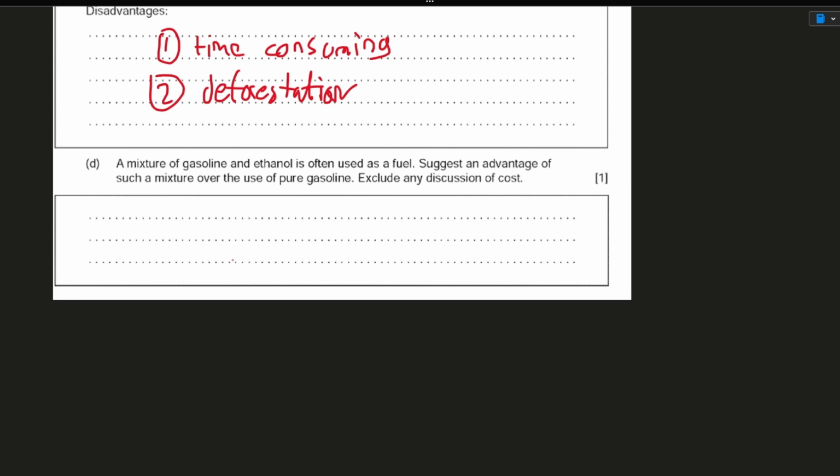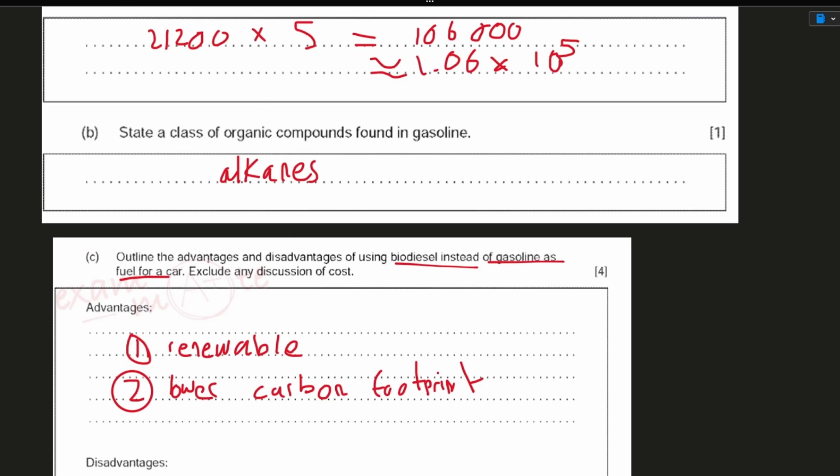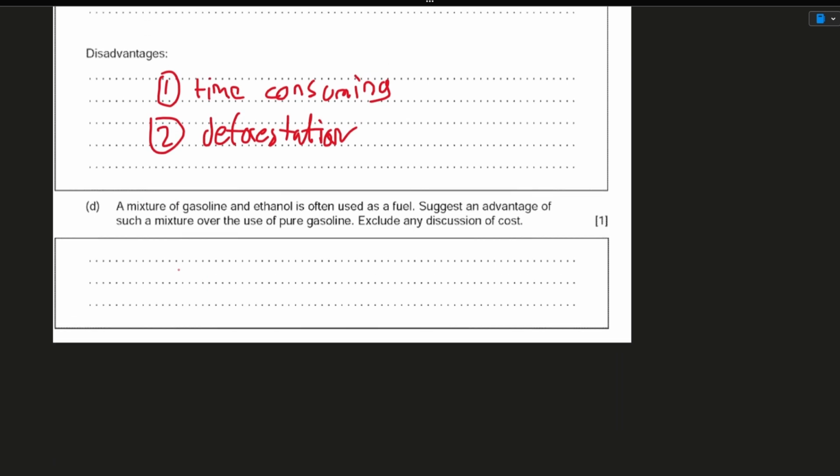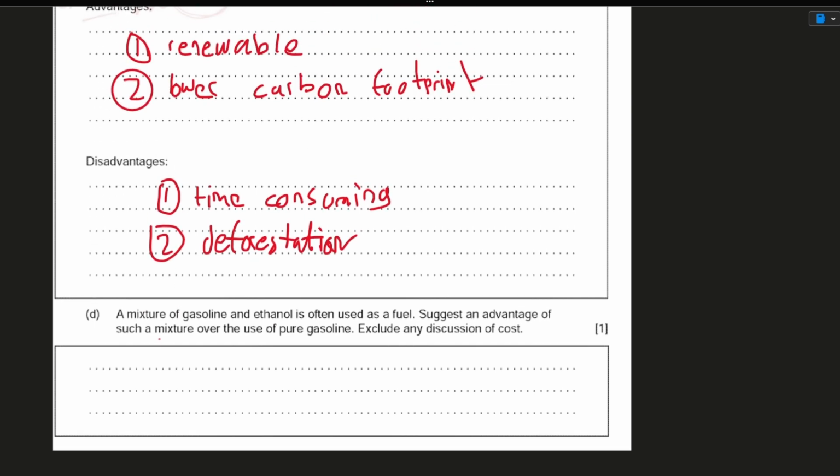Right. So obviously, when you use a mixture instead of a pure substance, and this is to do with cars, we can say that there's less knocking in the engine, so the fuel burns more evenly, we can describe it as.